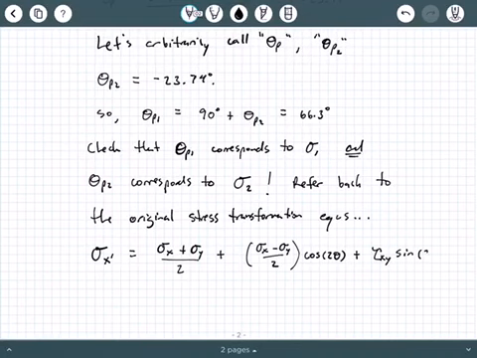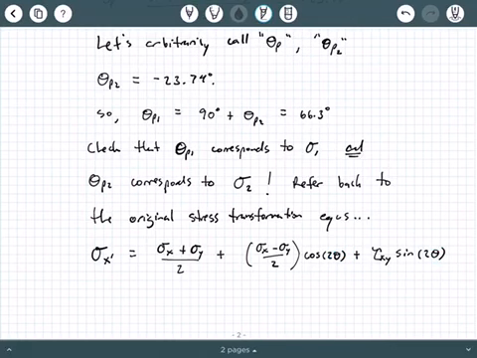So we had this thing called sigma x prime, and that was equal to sigma x plus sigma y over 2, plus sigma x minus sigma y over 2 times cosine 2 theta plus tau xy sine of 2 theta.